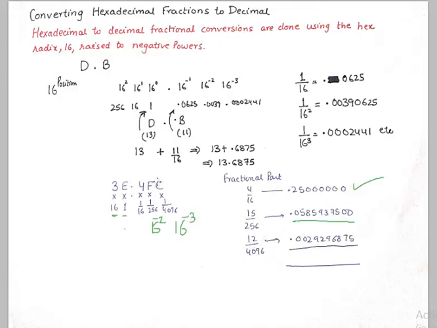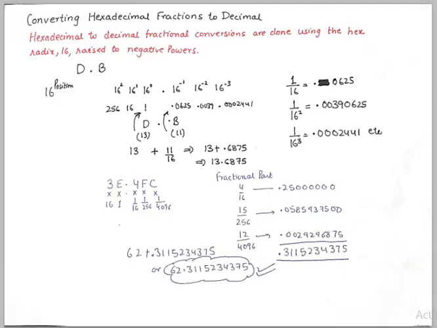So all in all, if you add up these fractional parts of 4, F and C, you get the value 0.310546875. So this becomes the fractional part of this hexadecimal fraction.